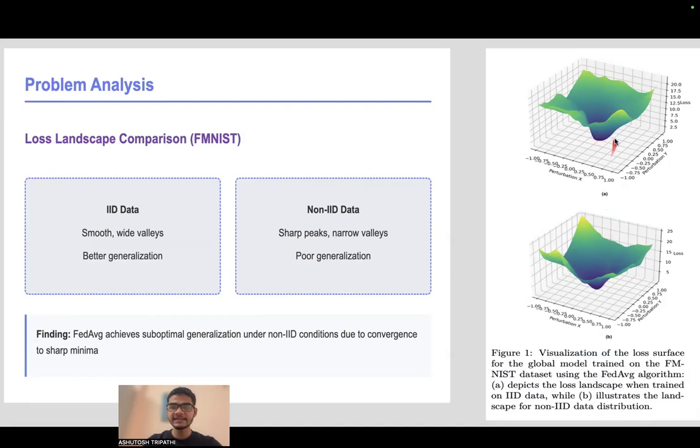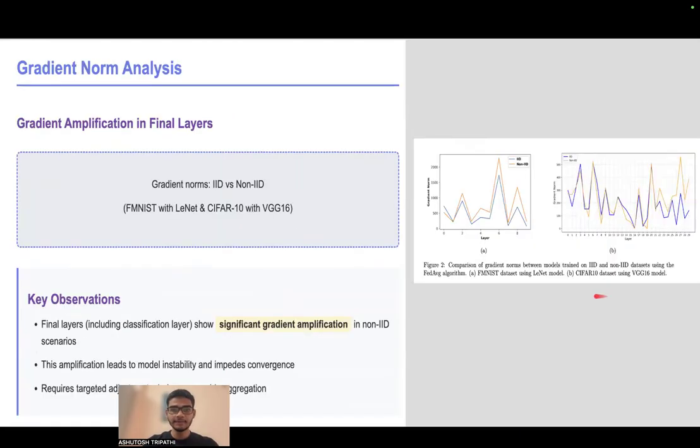That indicates that in the presence of non-IID data, our generalization is poor compared to the IID data. So we conclude that traditional FedAvg achieves suboptimal generalization under non-IID conditions due to convergence to very sharp, very narrow minima. So let's see more.